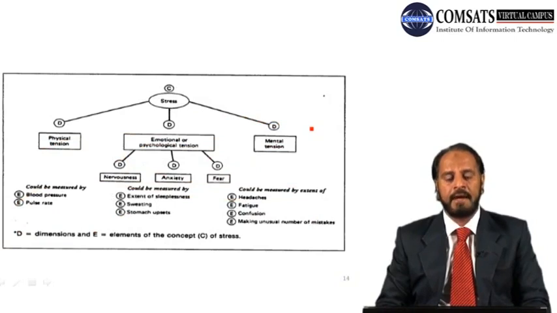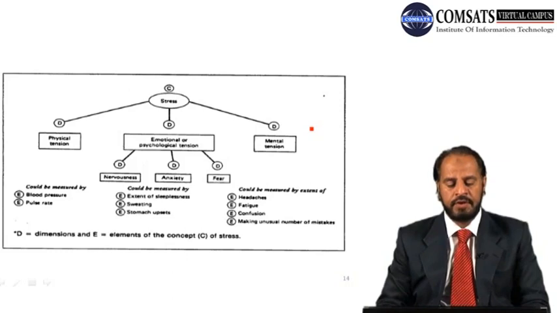Another example we have here is of stress. Stress has been broken down into physical tension, emotional or psychological tension, and mental tension. The researchers have taken stress as the main concept, broken down into sub-dimensions.